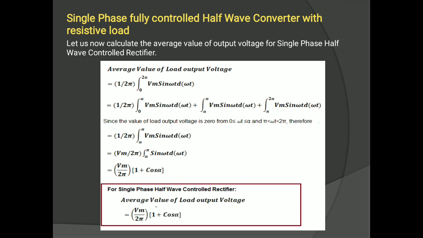After solving the integration, we get Vm by 2 pi (1 plus cos alpha). So for a single phase half wave controlled rectifier, the average value of load output voltage equals Vm by 2 pi (1 plus cos alpha).